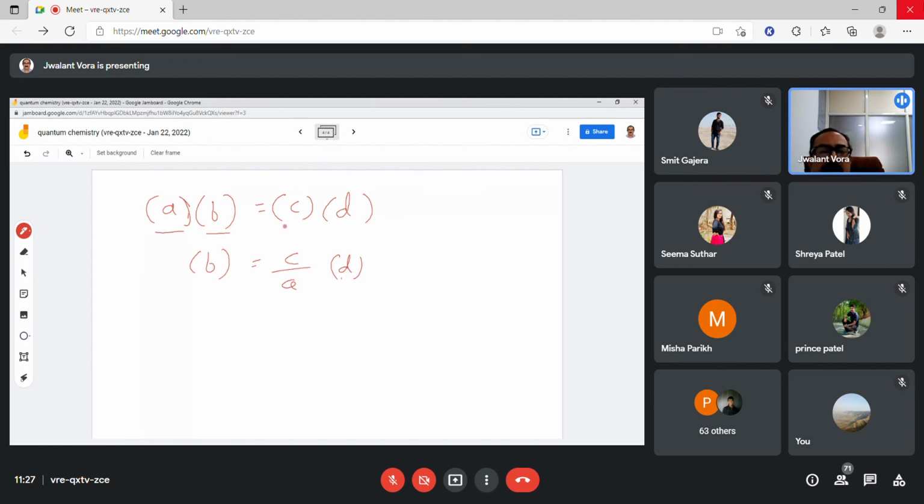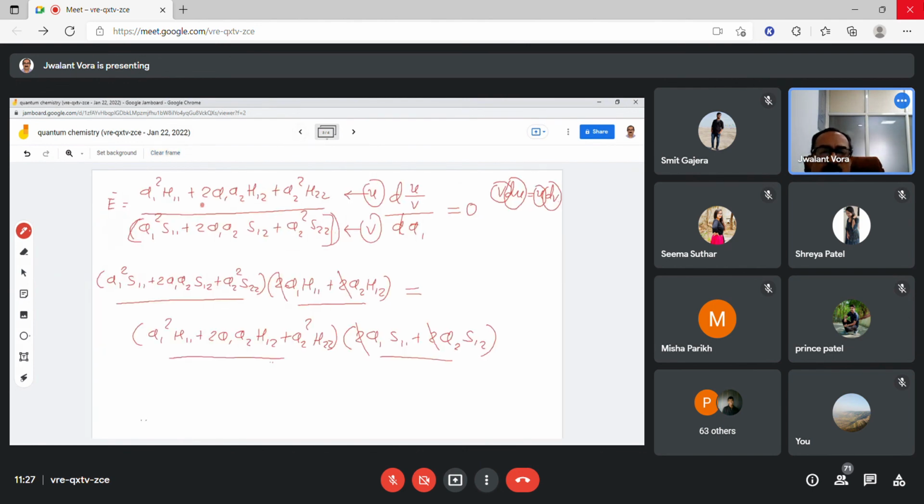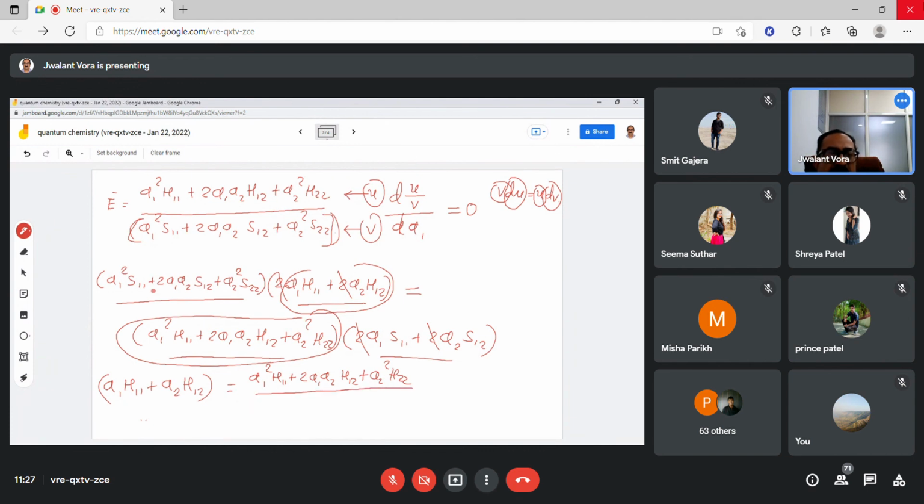A into B is equal to C into D, then B is equal to C upon A into D, I am writing it again. So I write this bracket. Therefore A1 H11 plus A2 H12 is equal to, let me write this part: A1 square H11 plus twice A1 A2 H12 plus A2 square H22, divided by this part.